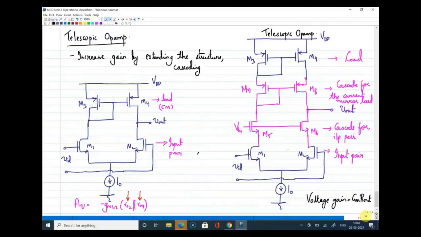Can you tell me how we calculated ICMR plus for the previous question? You can see the same circuit here also, right? How will you get ICMR plus for the circuit?